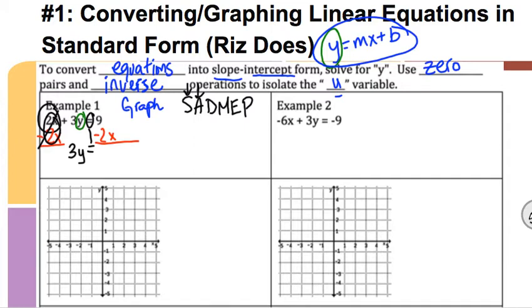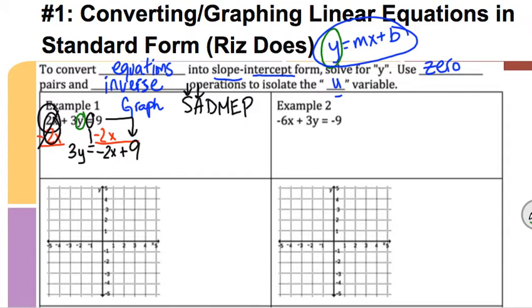So this is what we're going to do. We're just going to bring down the negative 2x, and then we're going to put the 9 off to the side. Now, is the 9 positive or negative? It's positive, so we're going to write plus 9. If it were negative, we would write minus 9. Well, this is nice because now we just have 3y equals negative 2x plus 9.